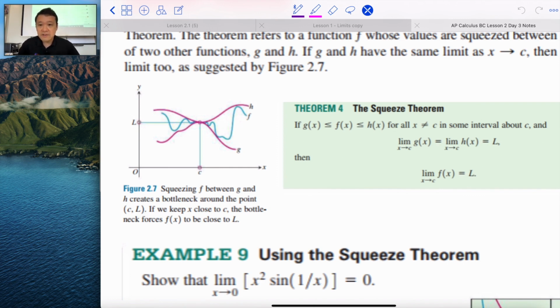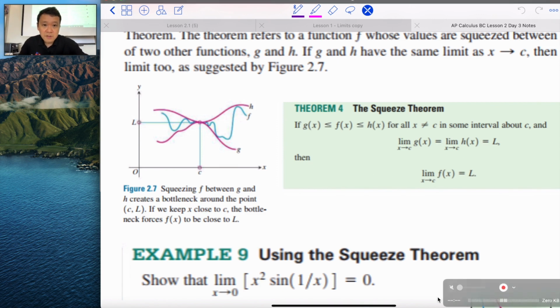Because the limit of function h and the limit of function g as x approaches c is both L, and because function f is sandwiched in between them, by the Squeeze theorem, function f's limit has to be L as well as x approaches c.